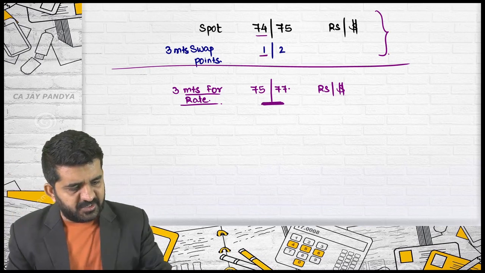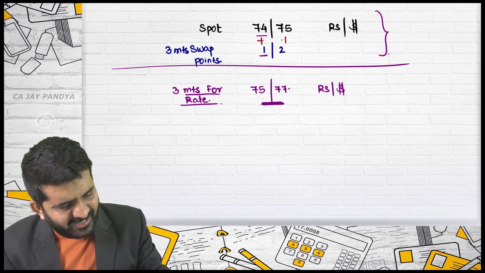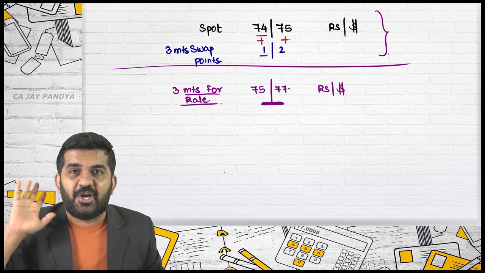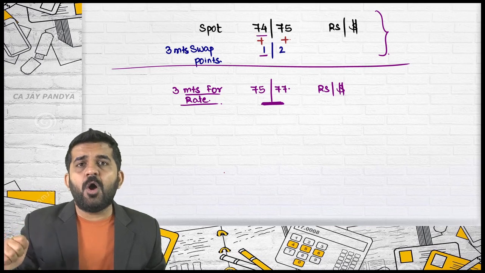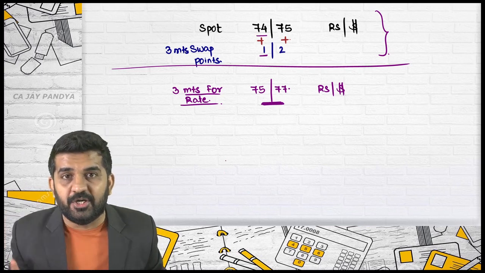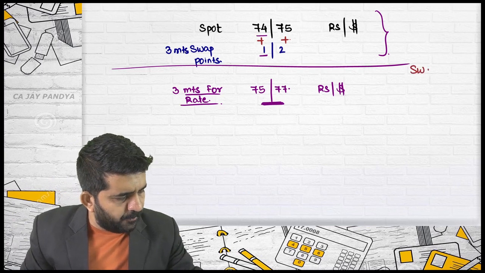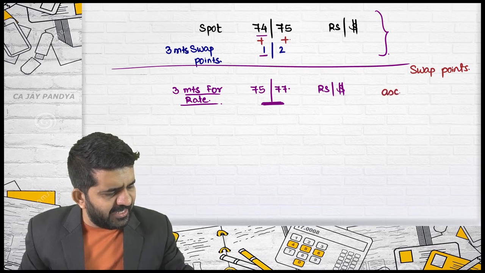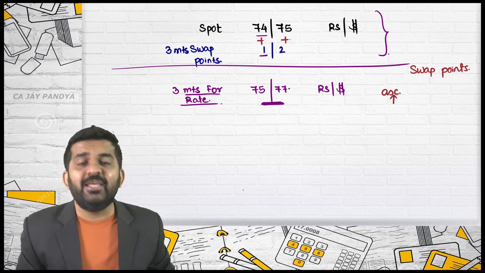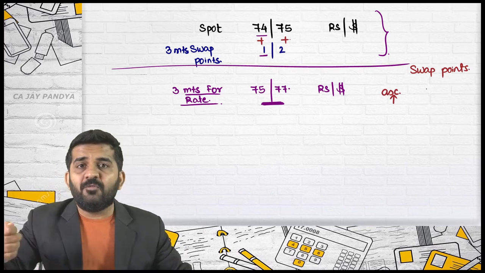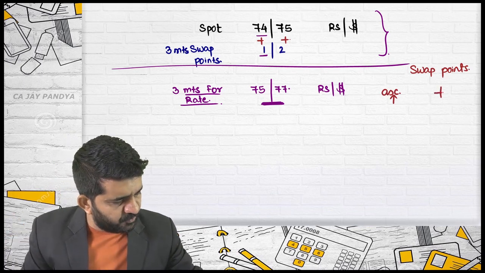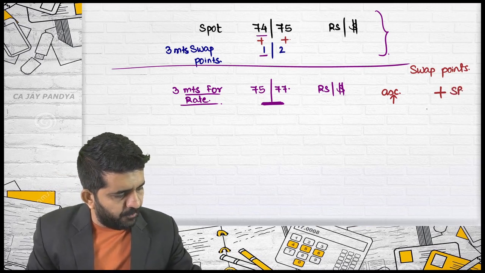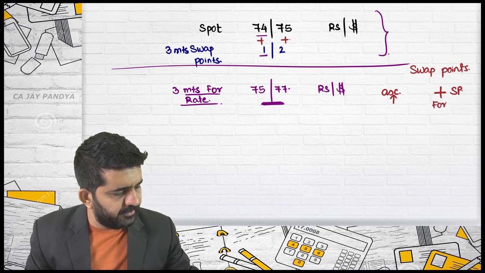The question comes as this. Sir, why have we only added? Why have we not subtracted? Try to understand the tradition. If the swap points are in ascending order, that is they are increasing, what we will be doing to find out a forward is we will add the swap points.